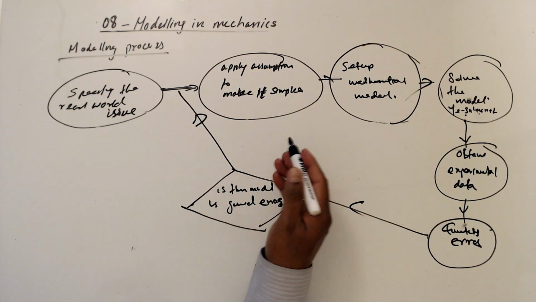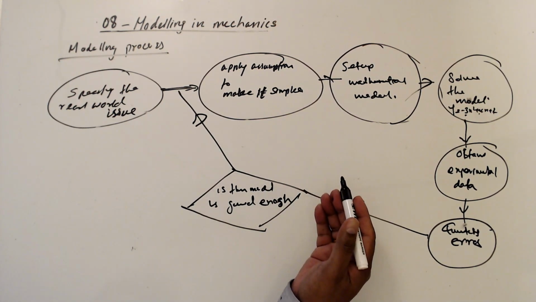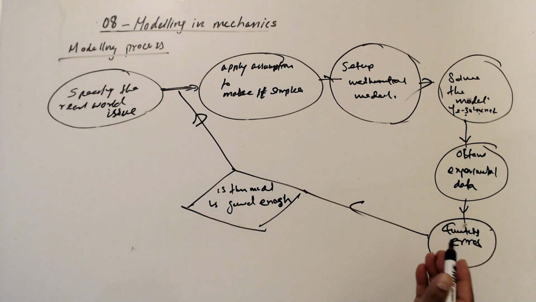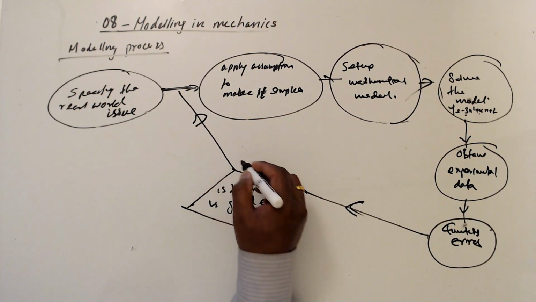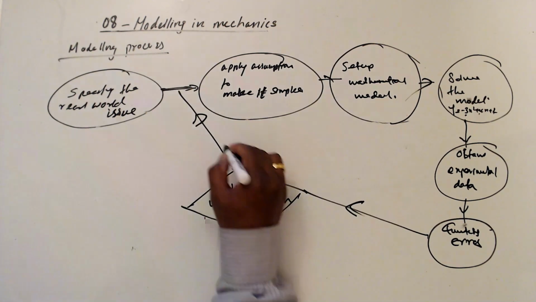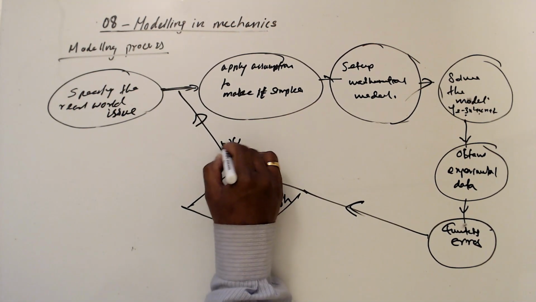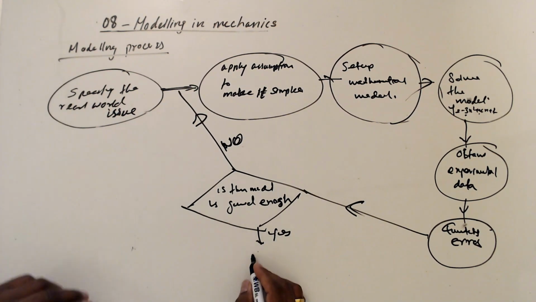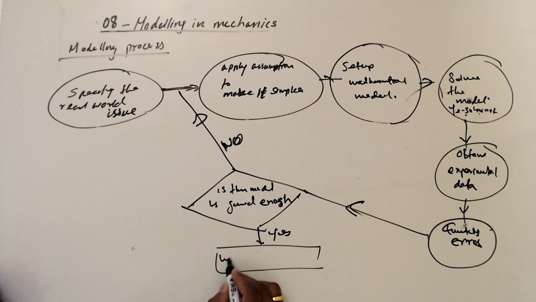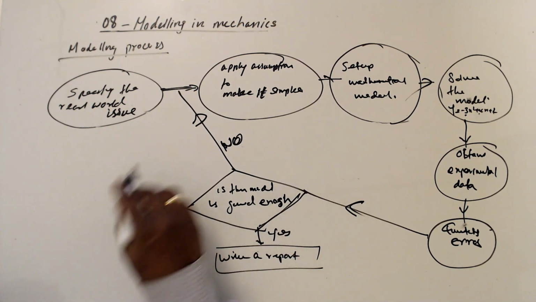We want to look at whether our assumptions and the model are right, and so we have to go through the same process if it's not. If it is fine, then we just write a report on it. So this is happening everywhere.